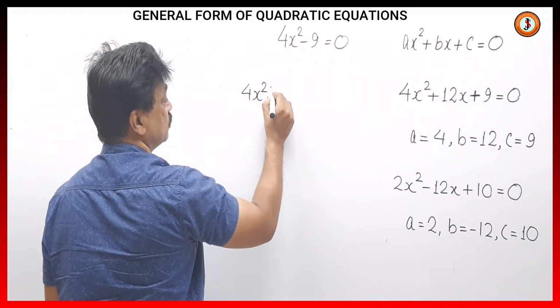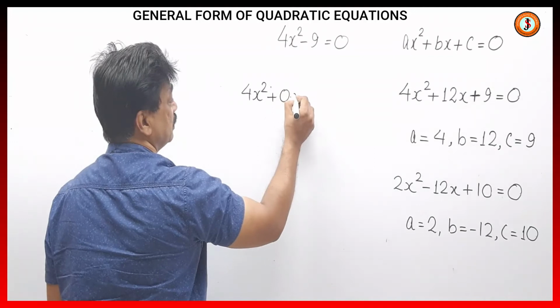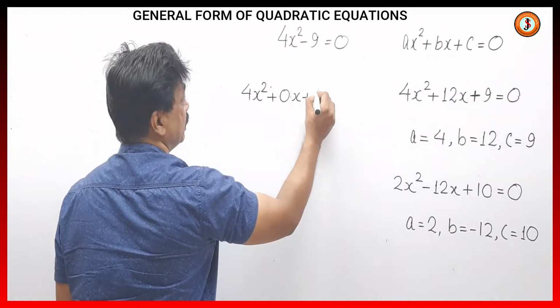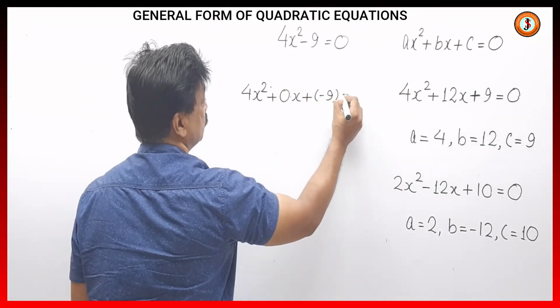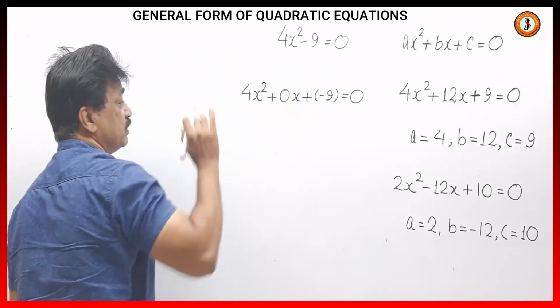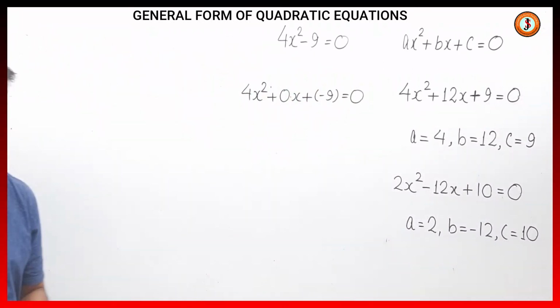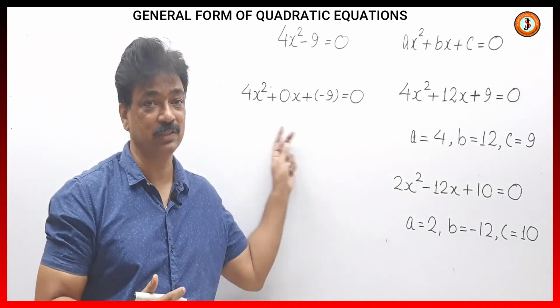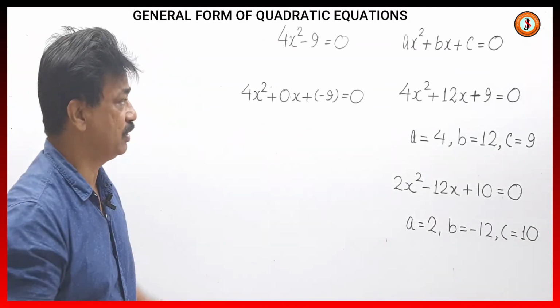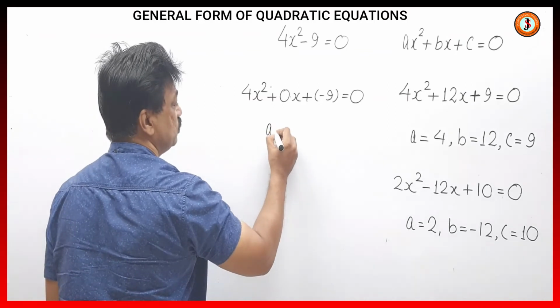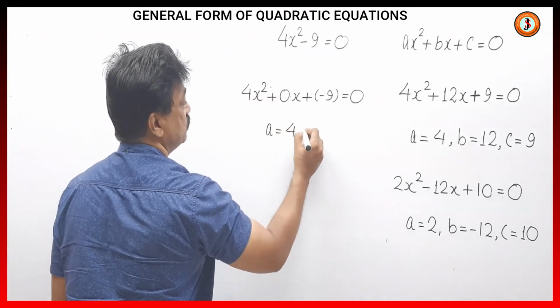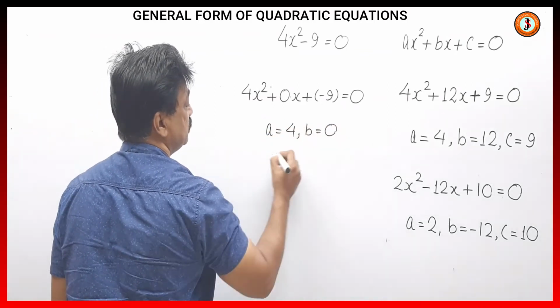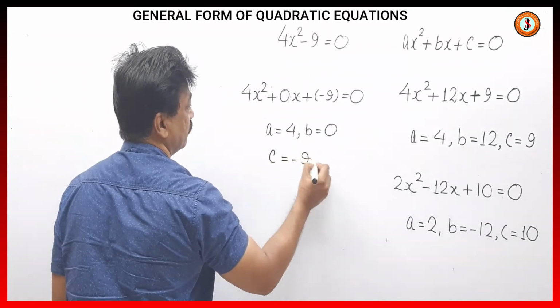So that means the coefficient of x we can put as 0, and then we write plus and then minus 9 is equal to 0. These both equations are the same. The value of the variable will come the same if we solve. But here this is written in standard form. Now we can write down what is a. A is equal to 4, b is equal to 0, and c is equal to minus 9.